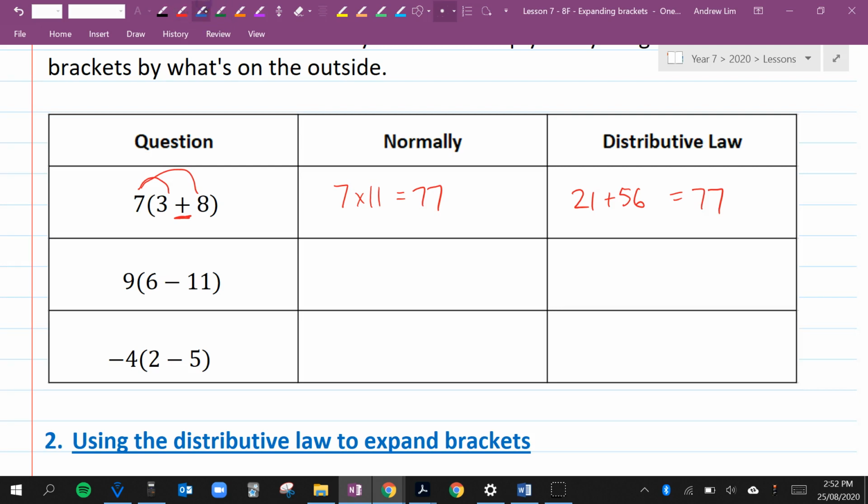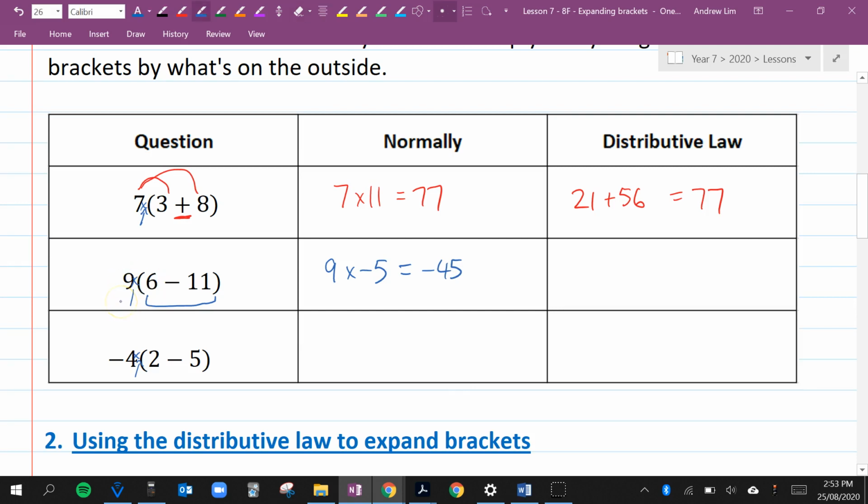In the second one, what we normally do is brackets first, according to order of operations. 6 minus 11 is minus 5. So we have 9 times minus 5, because remember there's an imaginary times in between these. So 9 times minus 5 is minus 45.